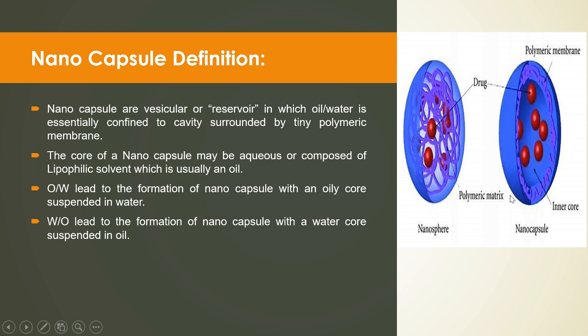So the O/W type leads to the formation of nanocapsules with an oily core suspended in water. The W/O type leads to the formation of nanocapsules with a water core suspended in oil.